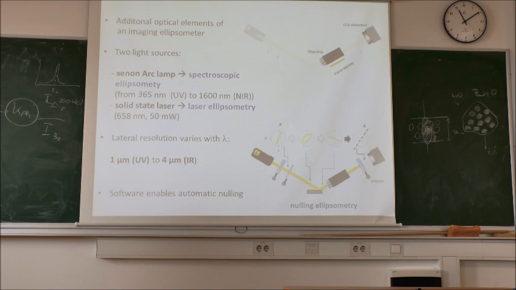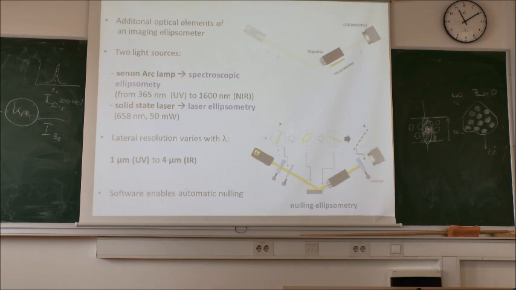Our imaging ellipsometer is based on null ellipsometry. This is the procedure of finding a minimum in the signal of the photodetector. This means that optical elements are rotated so that there is no signal on the photodetector.